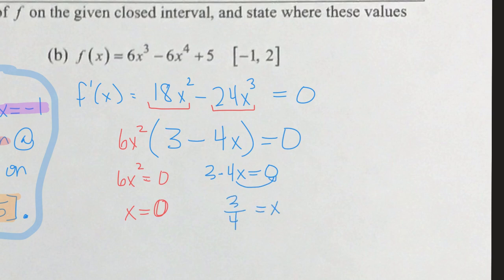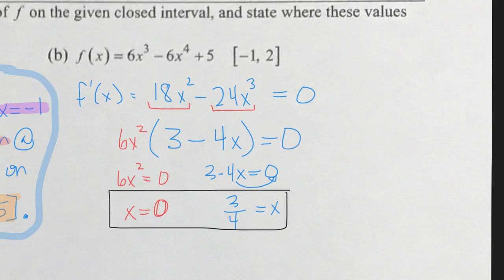So x equals 3/4. So these are my two critical points. This is where I'm going to find a local max and a local min, and maybe the absolutes also. Okay? So now that I have my two critical points, right? These are my critical values.